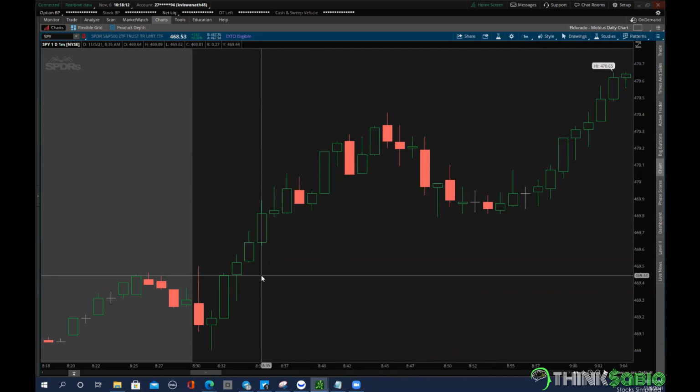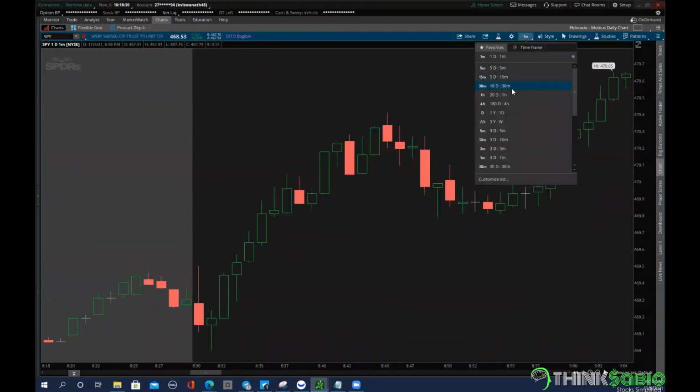So based on your nature, how well you can manage your risk, or how your mindset can accept the risk, you can switch from 1 minute to 10 minutes or 30 minutes or even 1 hour. I've seen people who do intraday based on 1 hour candlesticks.